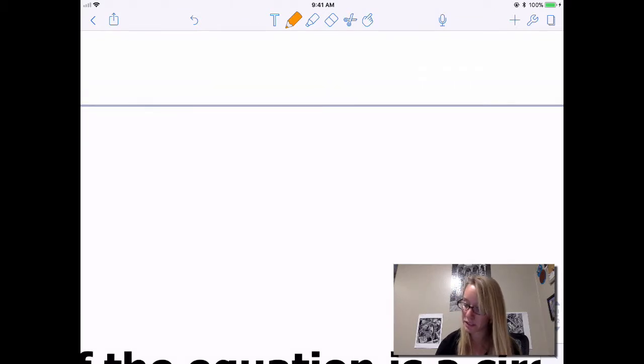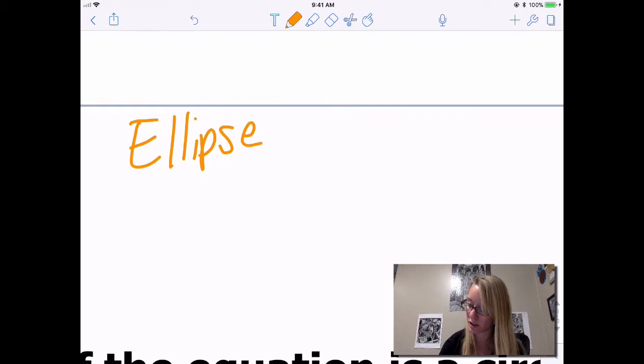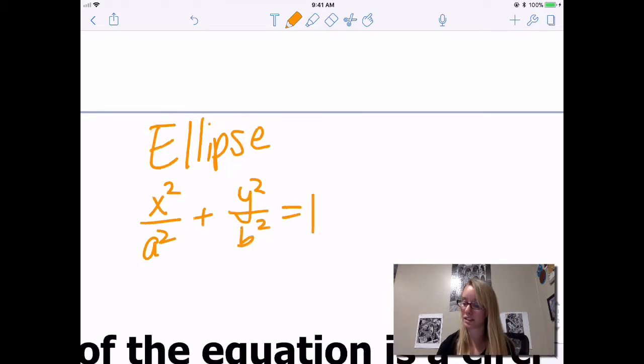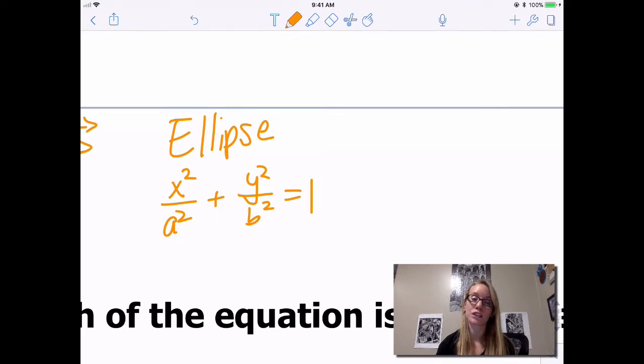And then we've got ellipse. It's kind of nice to see them all at one time, so you know what you're dealing with. This is x squared over a squared plus y squared over b squared is equal to 1. Here the big thing is we've got x and y are both squared. There's a plus in the middle. And then we've got these numbers. We have different coefficients.